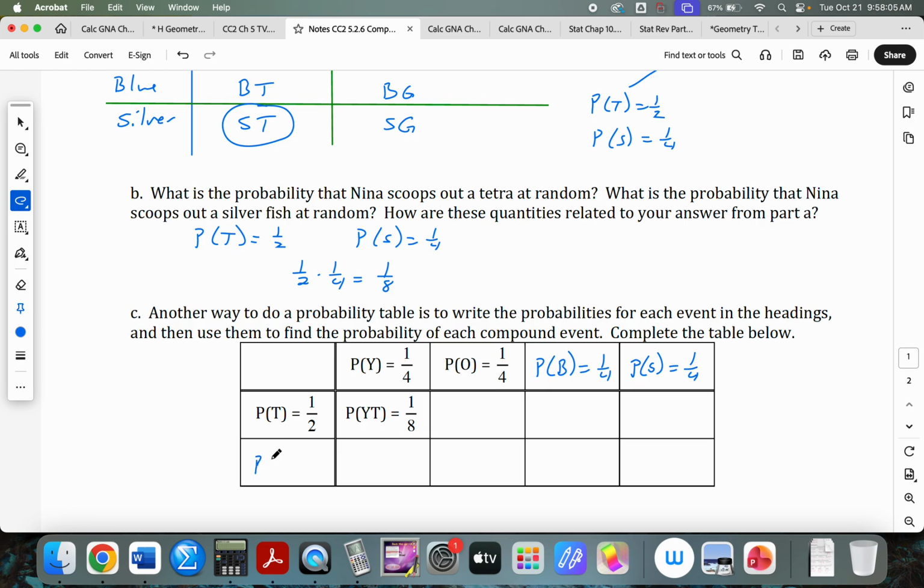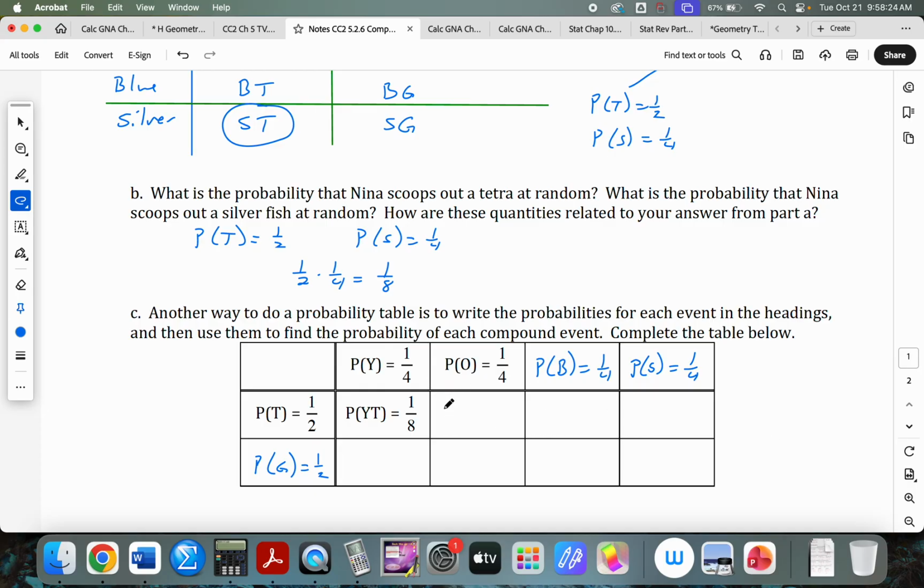The probability of getting a guppy is 1/2. And then to get the probabilities for the compound events, you can just multiply those together.